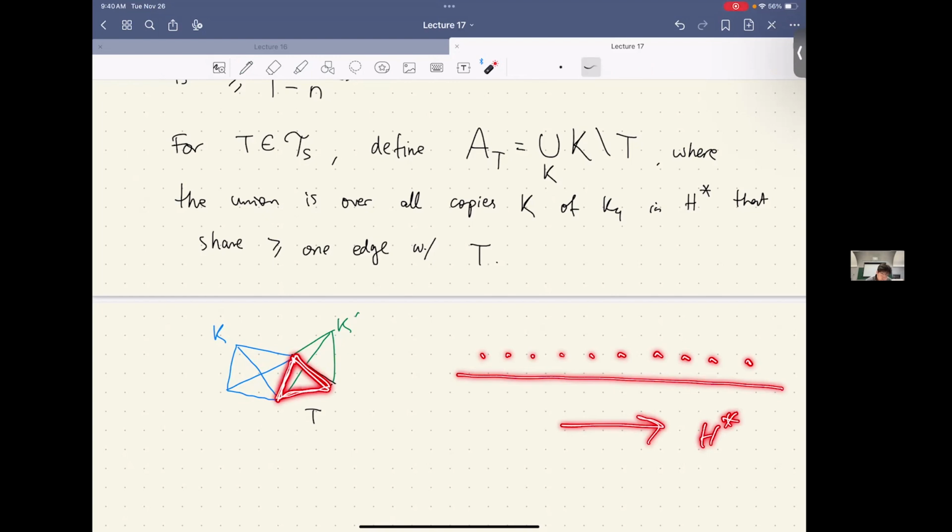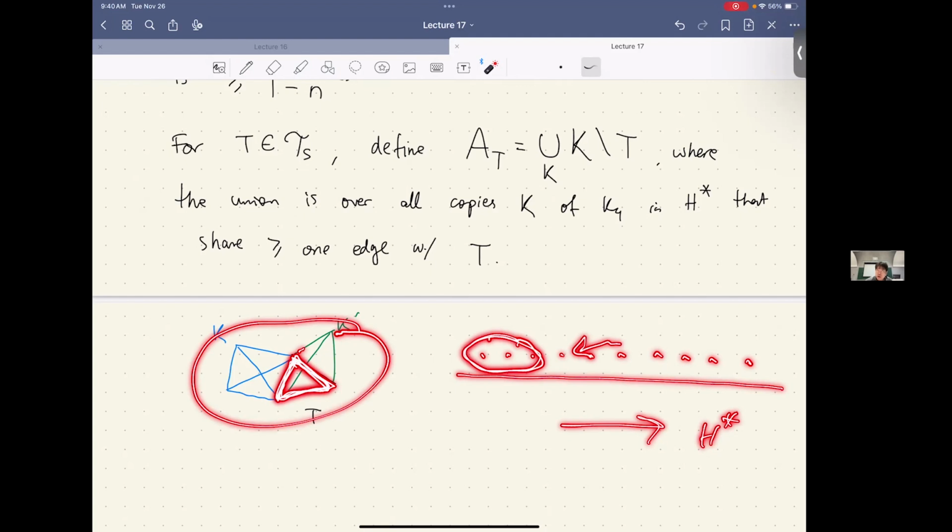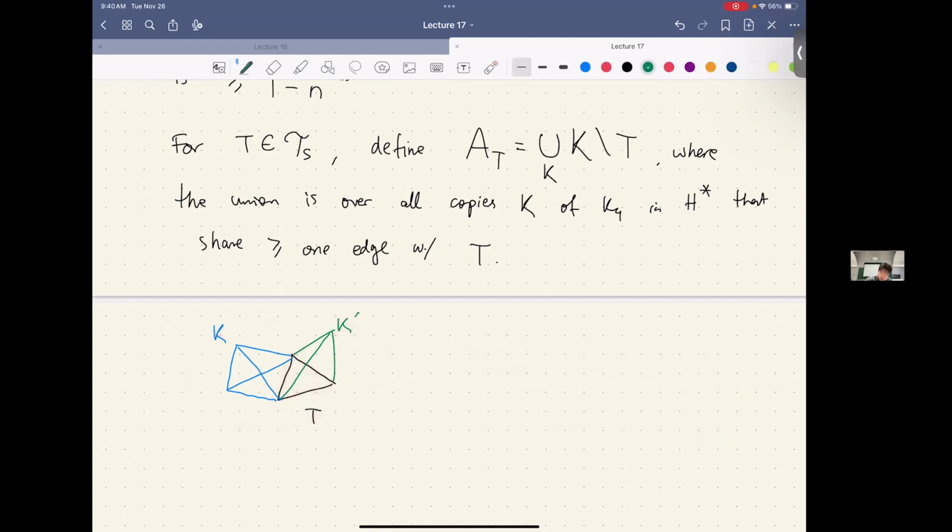If the order of these three edges comes in the first three among all such edges. If they come at the very beginning, then all the K4 involving these three edges come later. Of course, when these three edges were considered at that moment, no K4 can be created using these three edges, right? So that's why we consider this set AT.